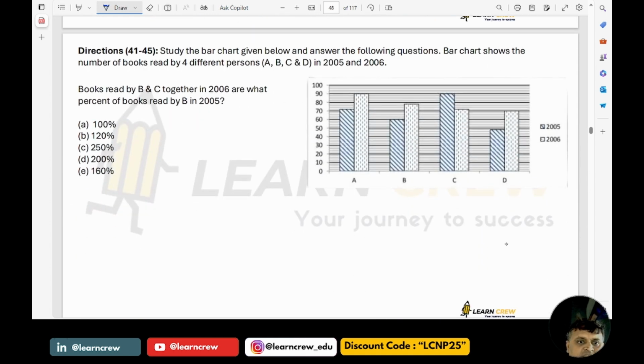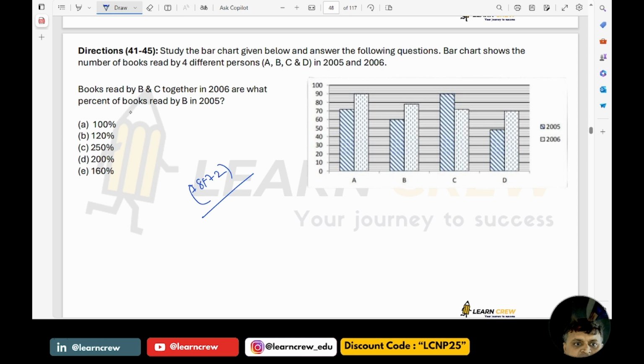Next, books read by B and C together in 2006 means it is how much? It is 78 plus 72.